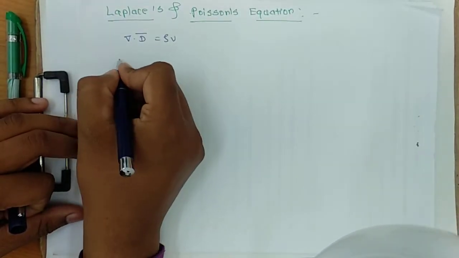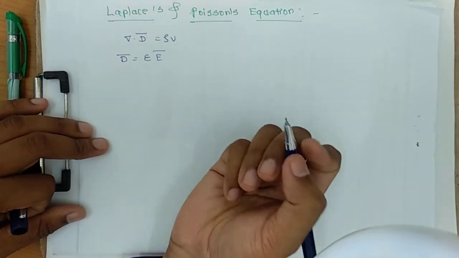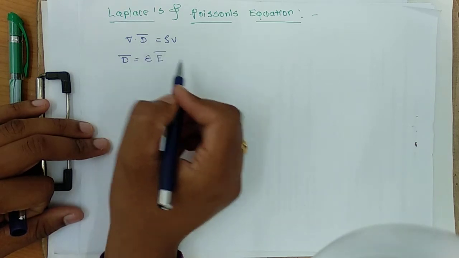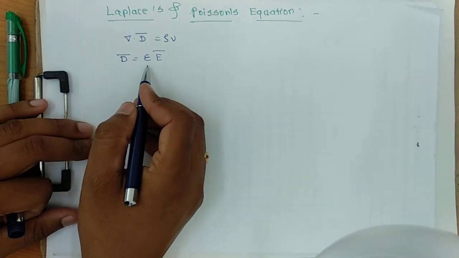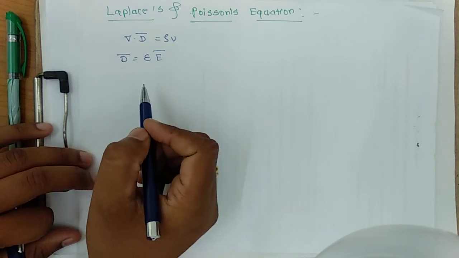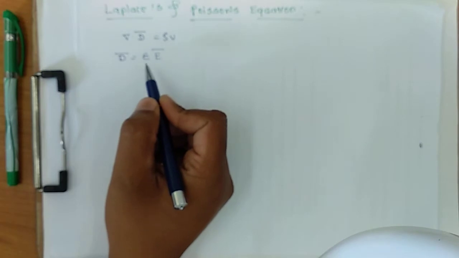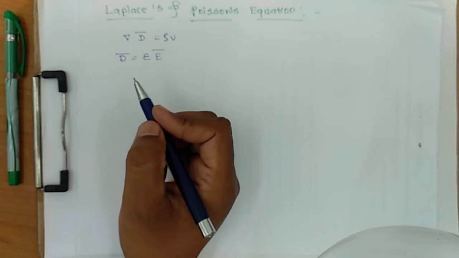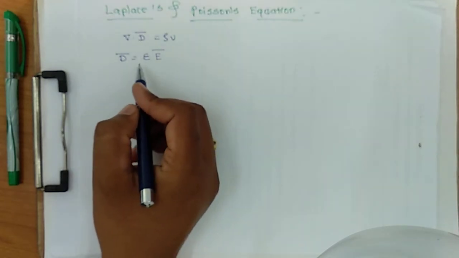But we know that D bar is equal to epsilon E bar. We have studied that D bar is the electric flux density and E bar is the electric field intensity, and epsilon is the permittivity. I am not denoting it as epsilon 0 because we are not dealing with free space or any particular material; we are using the general epsilon.